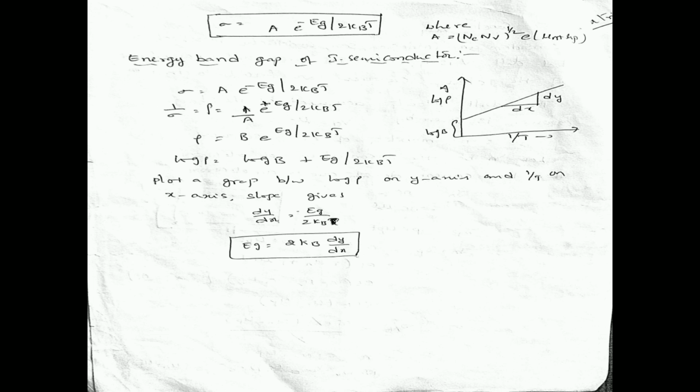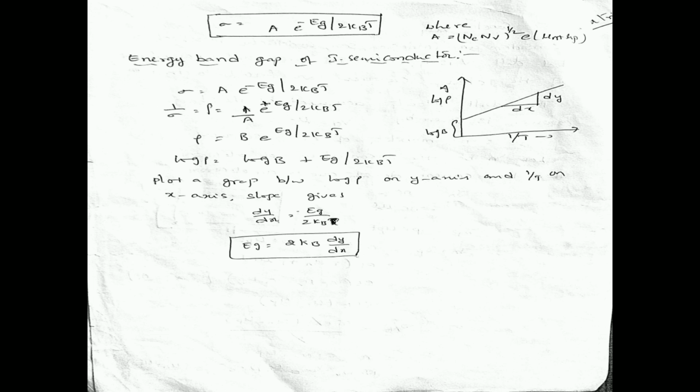Rho is equal to, in place of 1 by A we take B, e power Eg by 2 kBT. We take log on both sides: log rho is equal to log B plus Eg by 2 kBT. We plot a graph between log rho on the y-axis and 1 by T, temperature, on the x-axis. The slope, that is dy by dx, gives Eg by 2 kB.